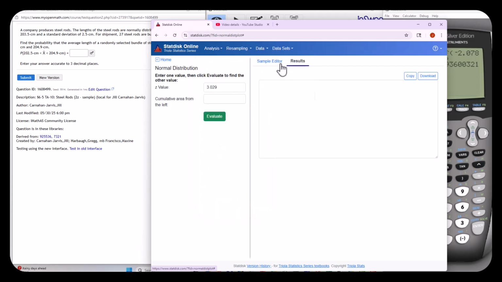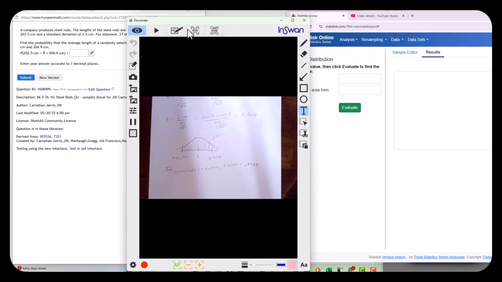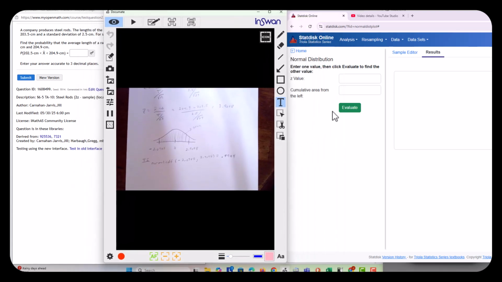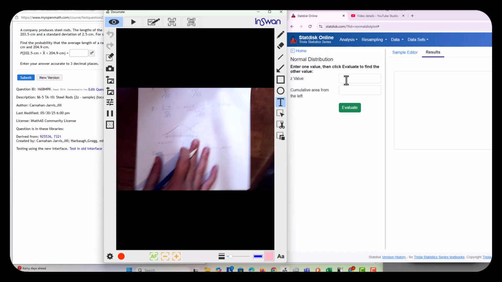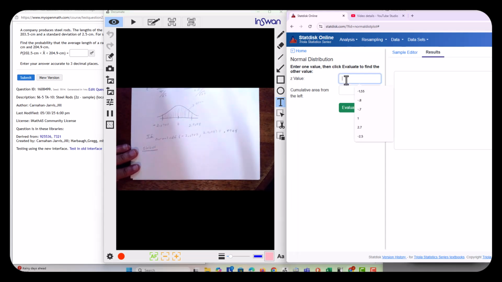And this one we may have to do some finagling with. Okay, so let me see if I can move this here. Okay, so let's put in, remember that it's going to give you the area to the left. So I'm going to put this one in first. 2.9098.